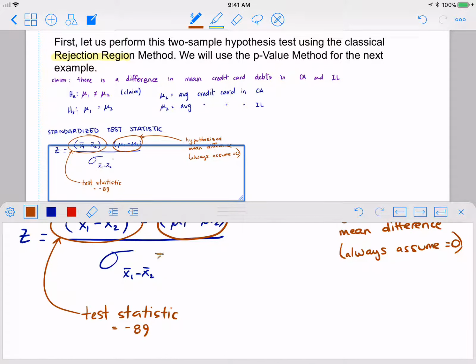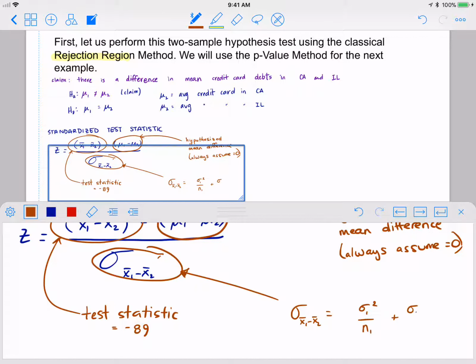And then this last quantity, which is a standard deviation, we have a formula for it. The formula is that sigma x1 bar minus x2 bar is equal to the square root of sigma 1 squared over n1 plus sigma 2 squared over n2.